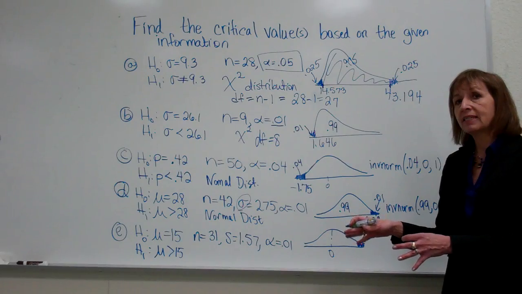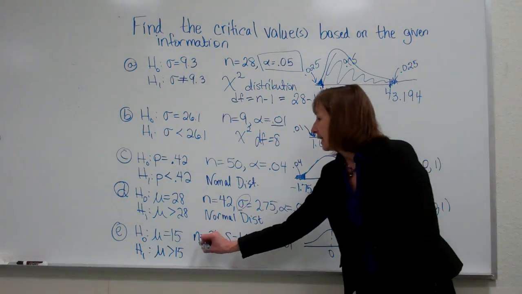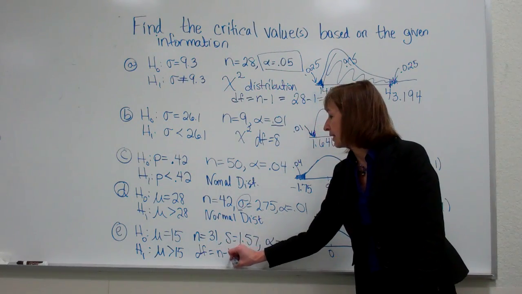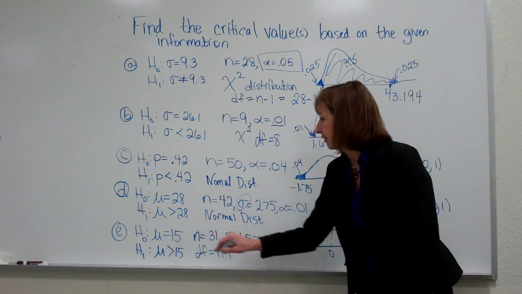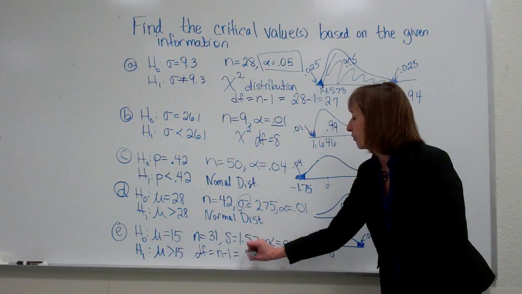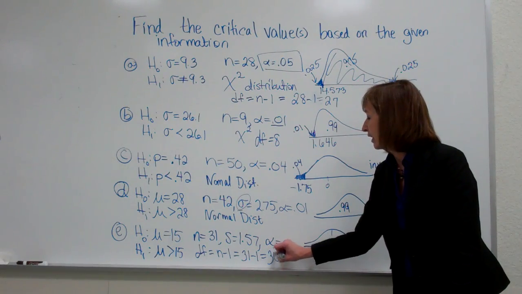And when you look at this, usually we have to use a table for looking this value up. It has degrees of freedom as well. That's n-1 in the sampling from a single group for this case. I have 31 as my n, so n-1 gives me a degrees of freedom of 30.